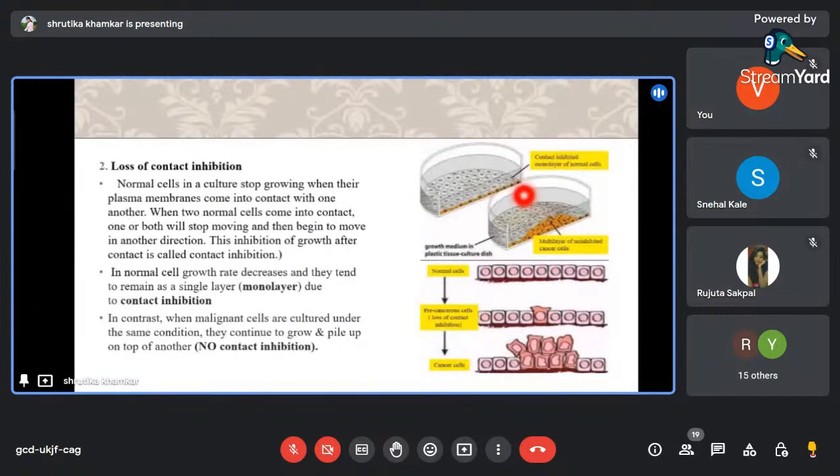Therefore, normal cells grow in a single layer in a liquid culture medium, in a petri dish or in a flask. However, cancer cells divide continuously and produce a mass of cells known as a tumor, and thus there is no contact inhibition in a cancer cell.